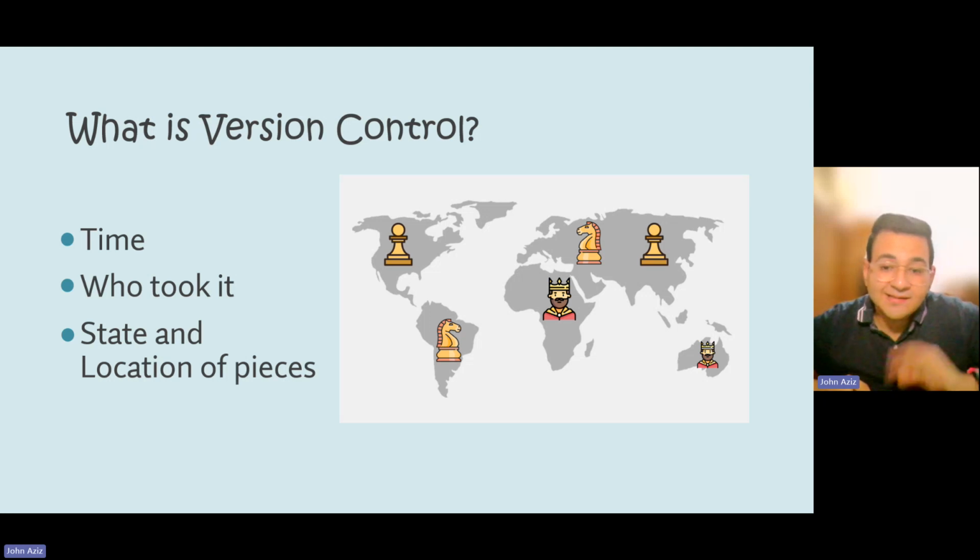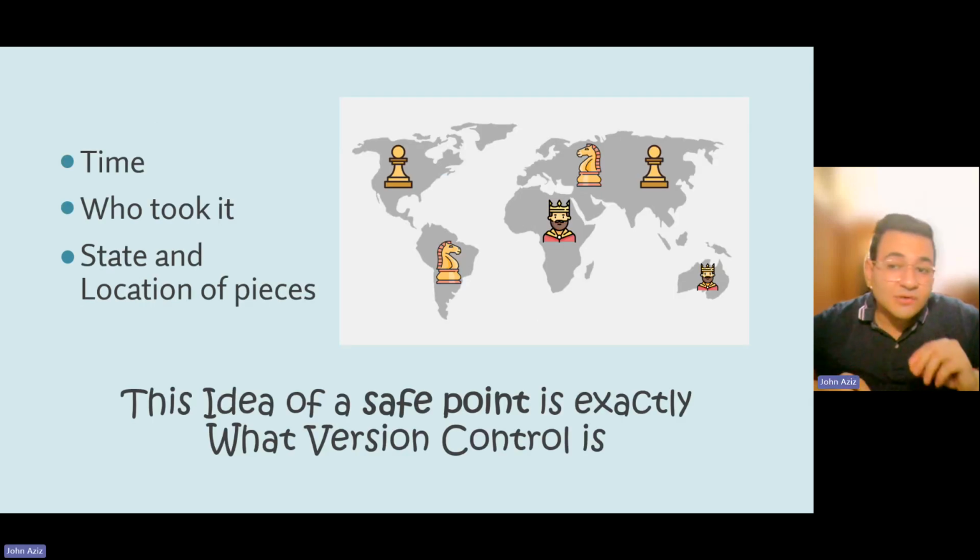This image has three things included in it: the time when they took the image, who took the image, and the state and location of each game piece. And this image ensured that they would always have a safe point to get back to.